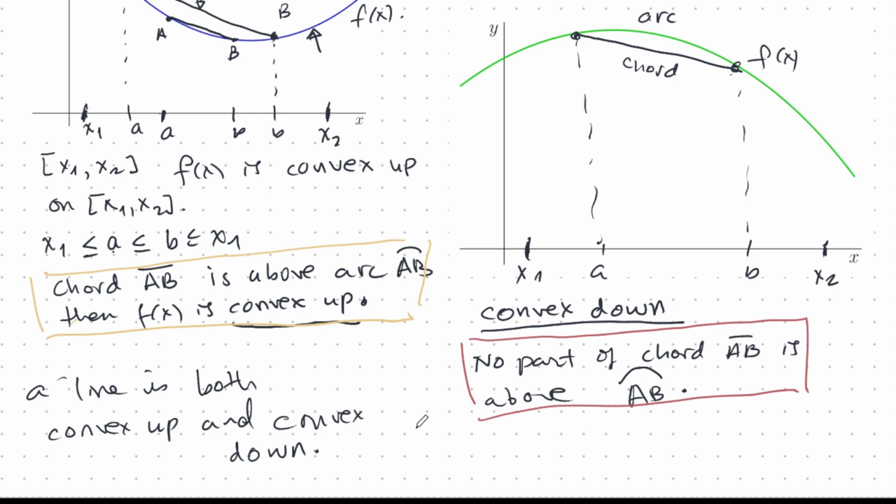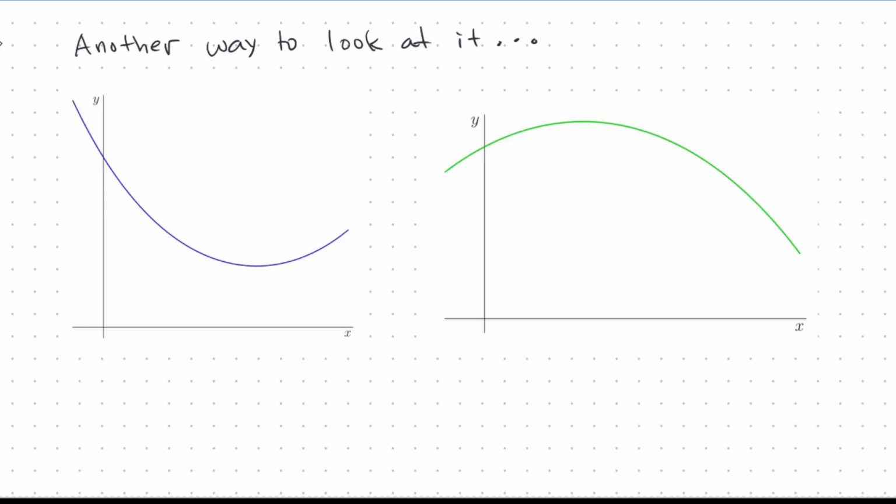Convex functions are very interesting, and you can have a lot of fun with them, as we will see very soon. Another way to look at a convex function is like this. You take some arc and a chord. Here's my arc in blue. The chord is from point A to B. This is on the x-axis, little a and little b, bounded by x1 to x2.